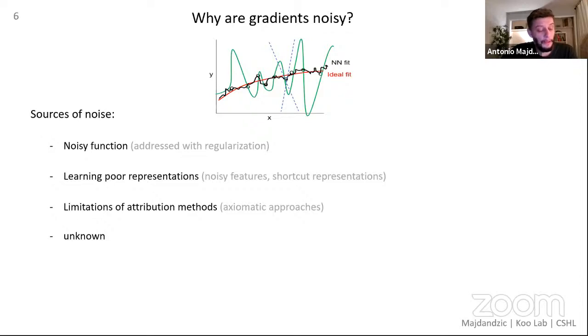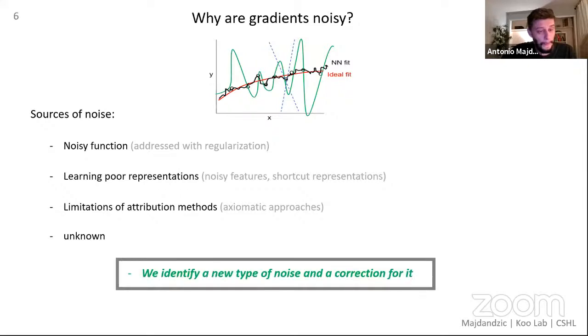Then perhaps they could be learning poor representations, like poor noisy features, learning shortcut representations. Attribution methods themselves may have fundamental issues. That's why some of them are trying to satisfy some plausible axioms, or for any other unknown reasons. So in our work, we identify a new type of noise that we get to understand deeply and we correct for it.